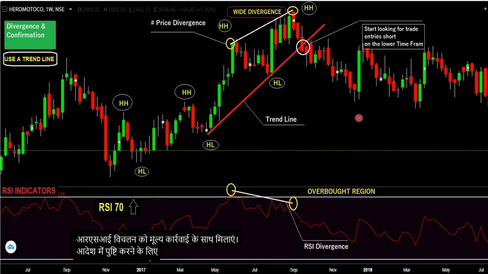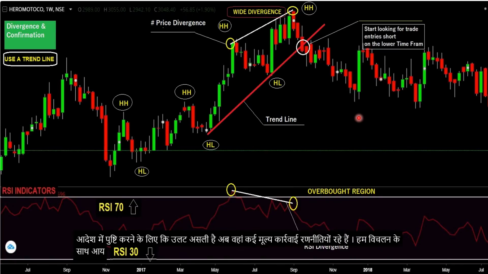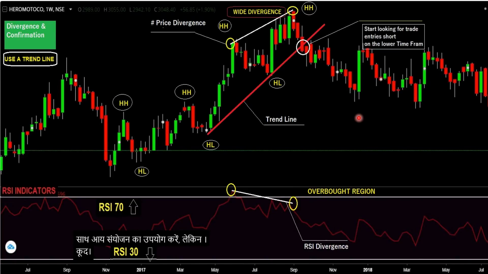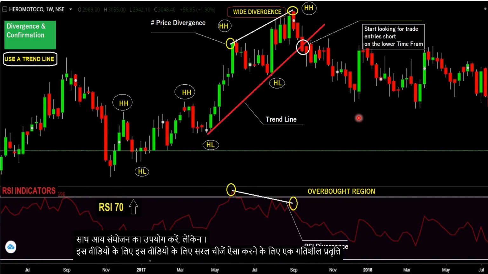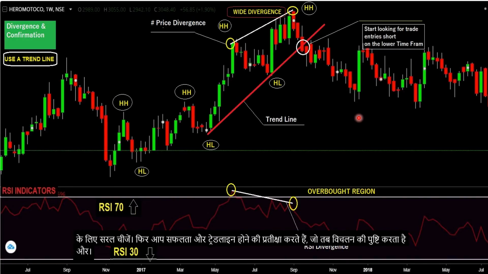Now there are many price action strategies we use in combination with divergence, but to keep things simple for this video, one great way to do this is to apply a dynamic trend line onto the immediate trend. Then you wait for the break through the trend line to occur, which confirms the divergence and the reversal.